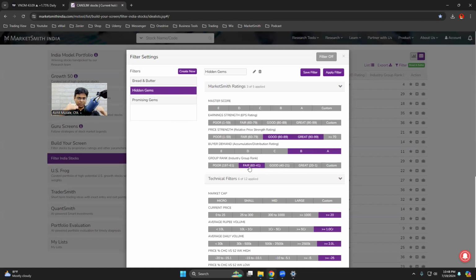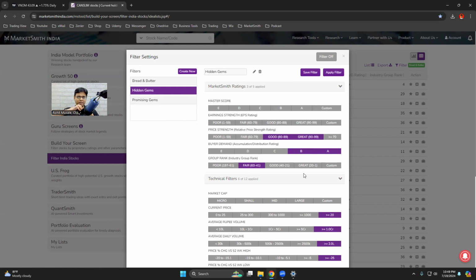I'm going down in the industry rank, so I'm increasing risk. To compensate for that increased risk, I am looking for increased price strength. If I'm increasing risk in the industry, I am compensating by going into only the best stocks within those industries. Now, why do I call these hidden gems? Because we are looking at the best stocks in the industries which have not moved up in their rank.